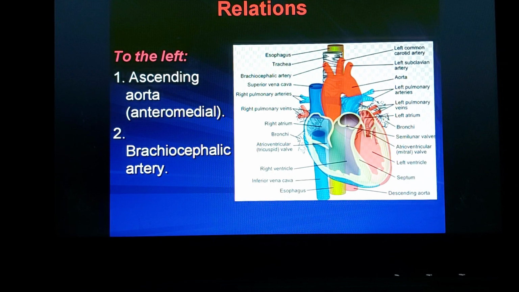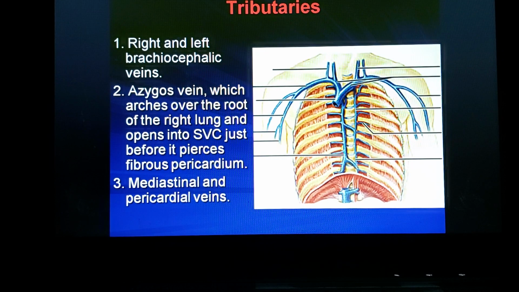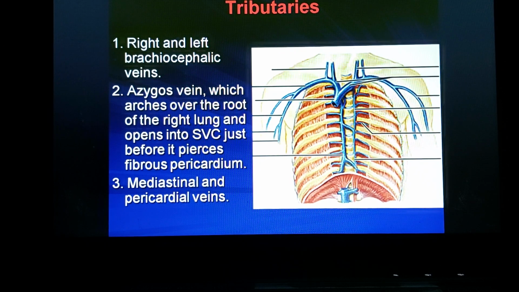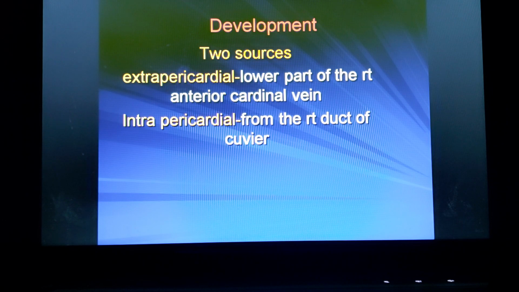Left side relations are the ascending aorta and brachiocephalic artery. Right side relations are the right phrenic nerve and pericardiophrenic vessels, right lung and its pleura. Tributaries are the right and left brachiocephalic veins, azygos vein, mediastinal and pericardial veins. Development is by the anterior cardinal vein for the extrapericardial part and the right duct of Cuvier for the intrapericardial part.